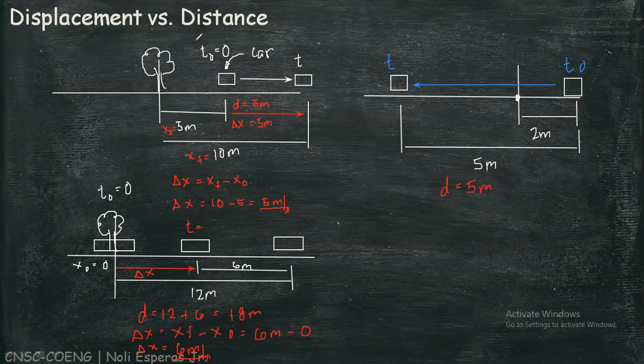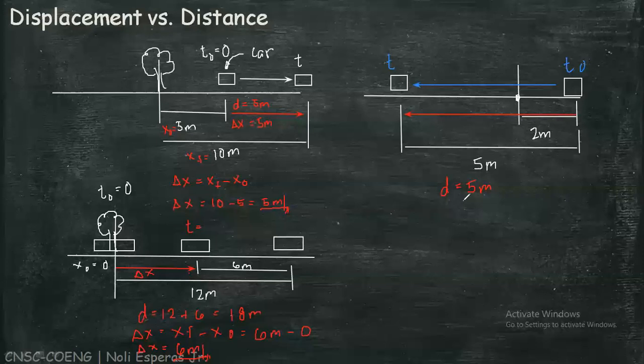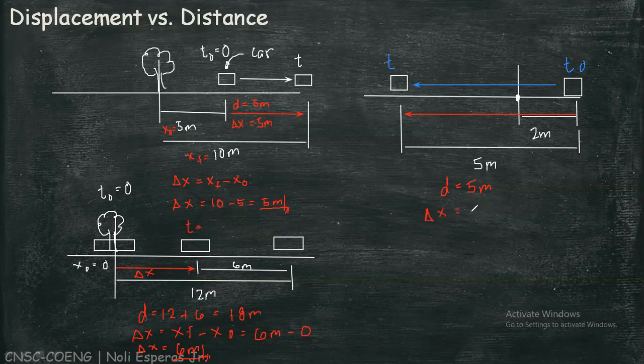So now, what is the displacement? So displacement, again, is from its initial position to the final position. Therefore, our displacement is, its final position is 3 meter from the origin minus its initial position, which is 2 meter.